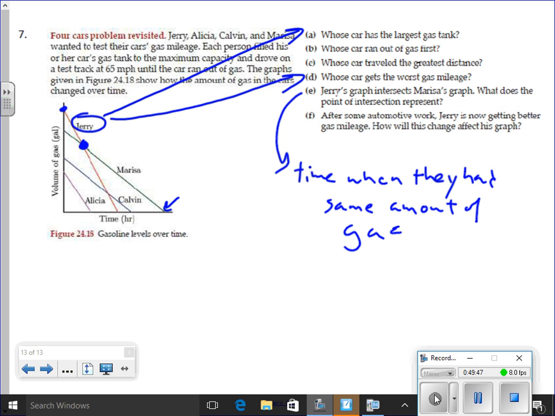So if we picture what's happening here, everybody's leaving the same spot. They're driving the same speed, so they are side by side, and then Alicia runs out of gas, and then Jerry runs out of gas and stops, and then Calvin runs out of gas, and Marissa keeps going.